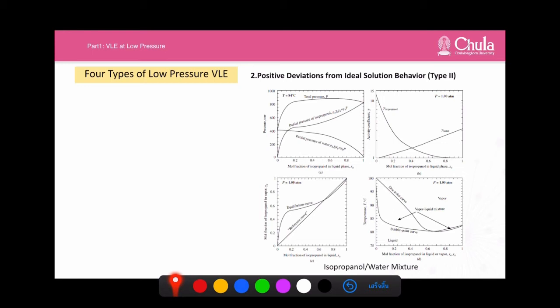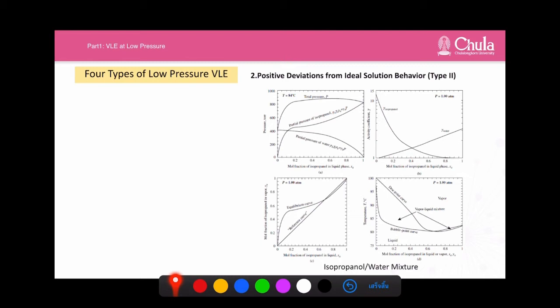So we cannot induce a vapor phase with a different mole fraction at this point. Or you can think that, because the behavior of the vapor phase and liquid phase is similar, the behavior of the solution is similar to a pure component.